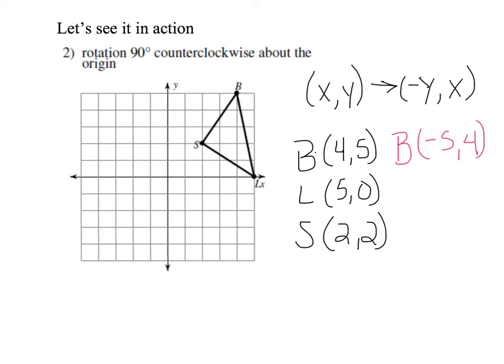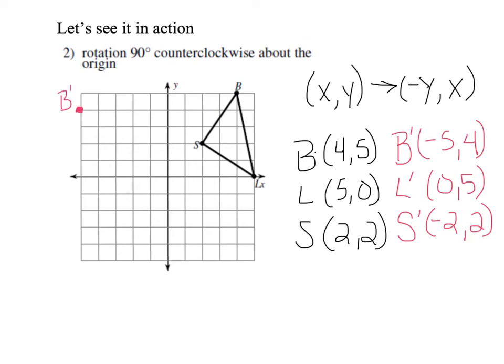B prime now becomes negative 5, 4. Don't forget to put your prime mark. L prime becomes 0, 5. Notice the 0 doesn't turn positive or negative, it just stays 0. S prime becomes negative 2, 2. Now I plot these points.